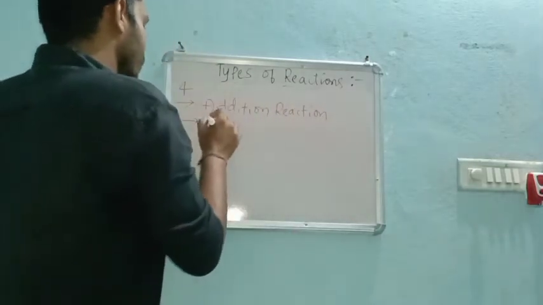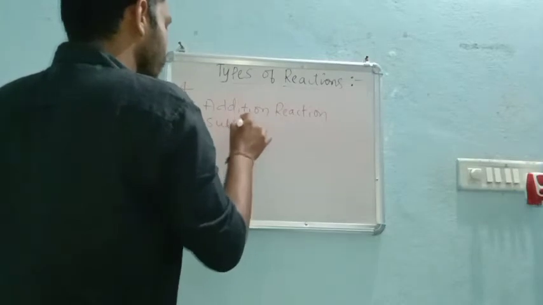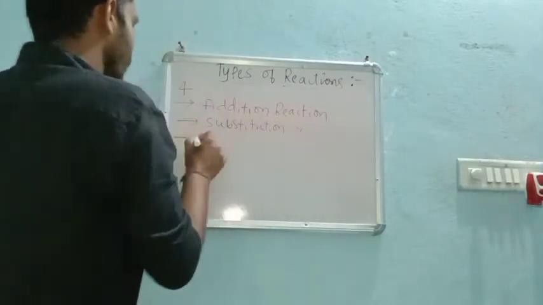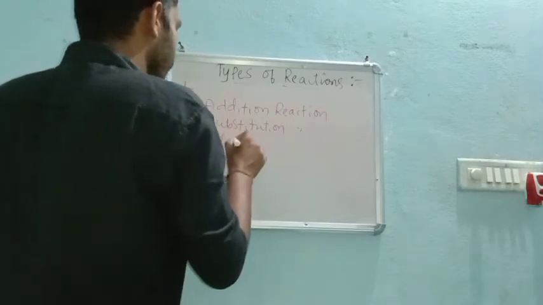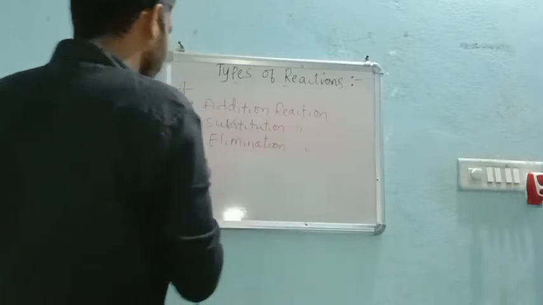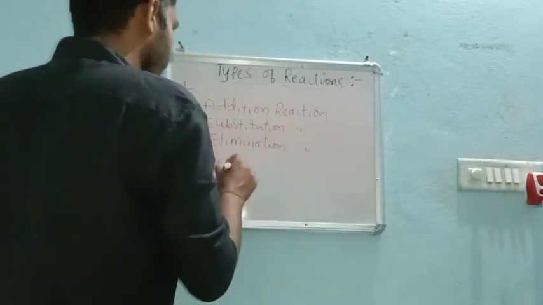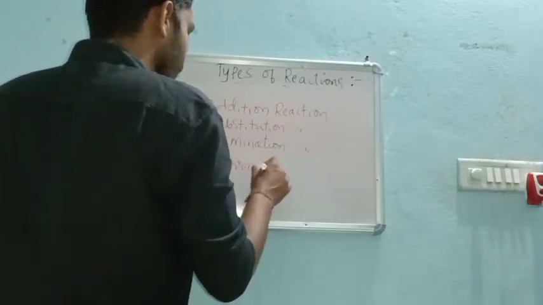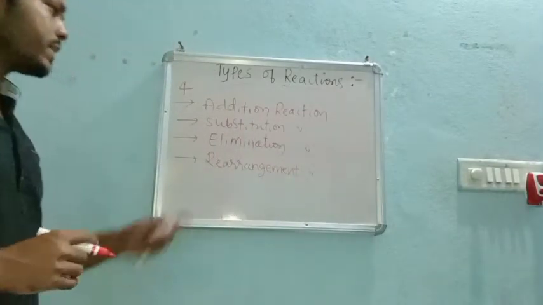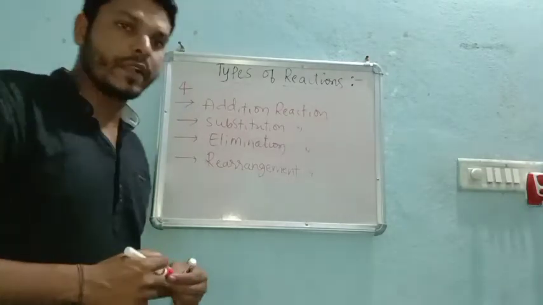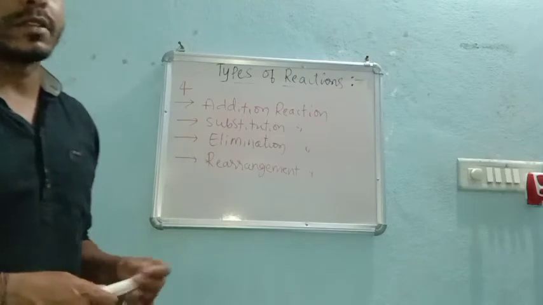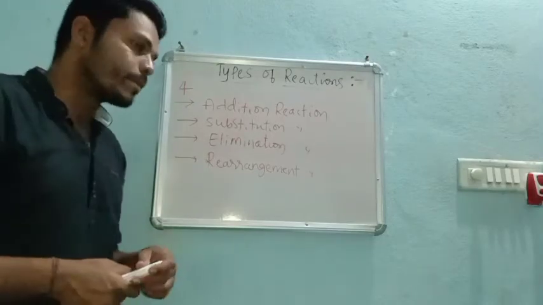Number two, substitution reaction. Number three, elimination reaction. Number four, which is very important, rearrangement reaction. These are the four different types of reactions which we see in organic chemistry.